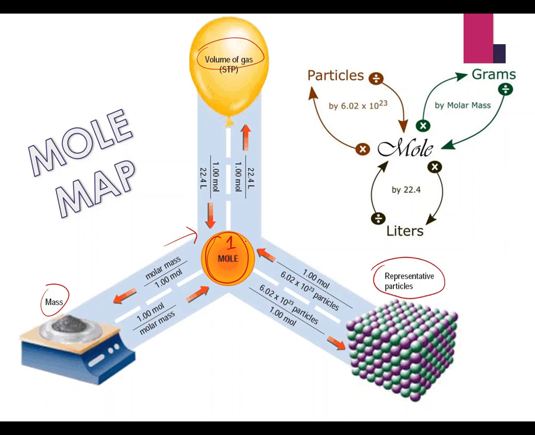We would have to make a pit stop here at the mole and then convert further. So a lot of these conversions are going to take more than 1 step, more than 1 fraction, in order to convert. We're going to start out with some that are 1 step, then they're going to take 2-step conversions, and then we'll get into some that have 3 steps.